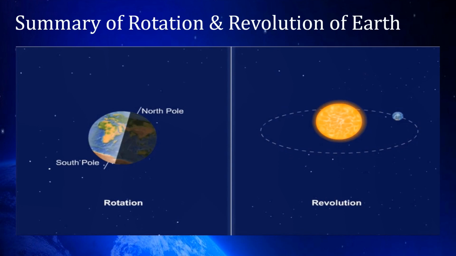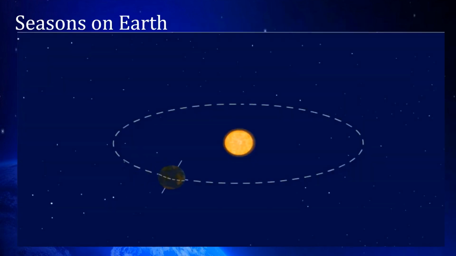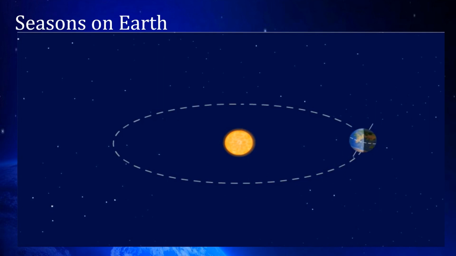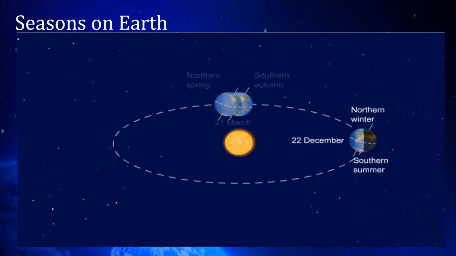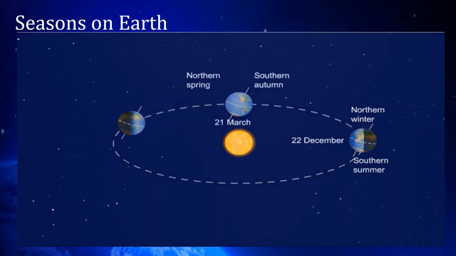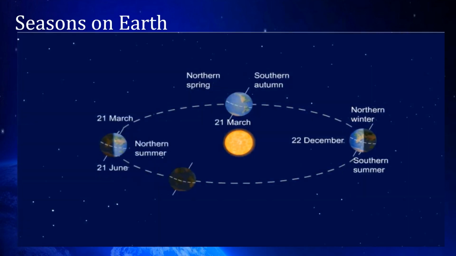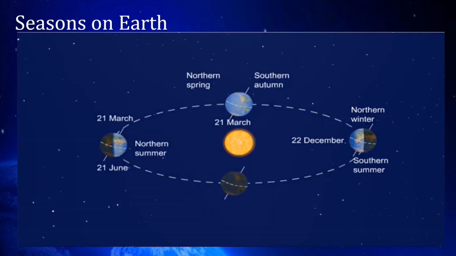Children, let us see now seasons on earth. If we observe here, as the earth moves around the orbit, the north pole tilts away from the sun, so it experiences winter, and the south pole is towards the sun. So the southern hemisphere experiences summer. 22nd December is the shortest day in the northern hemisphere.